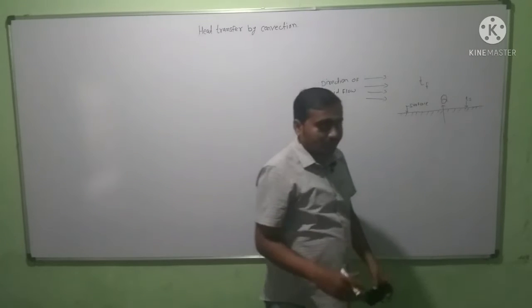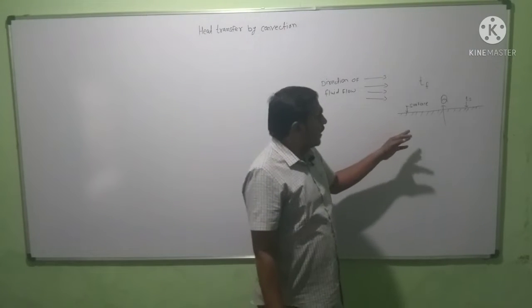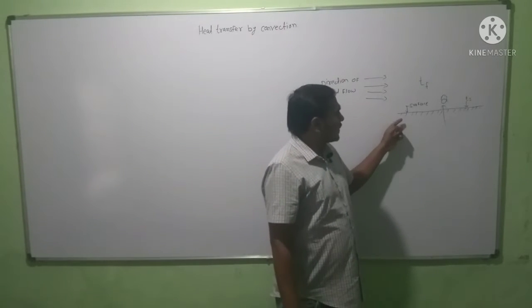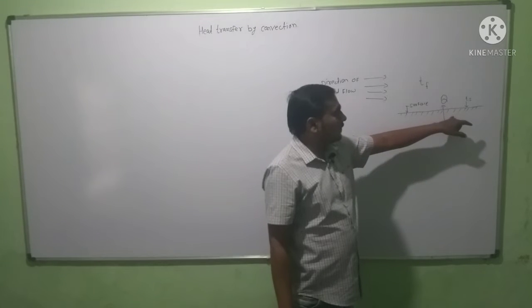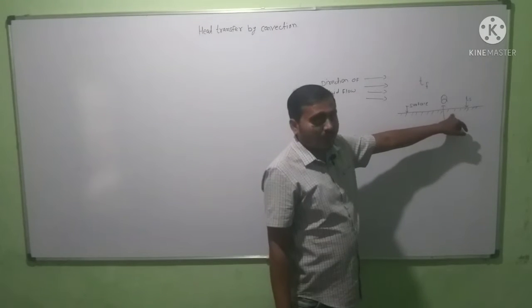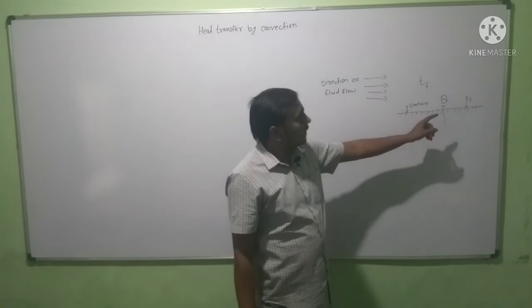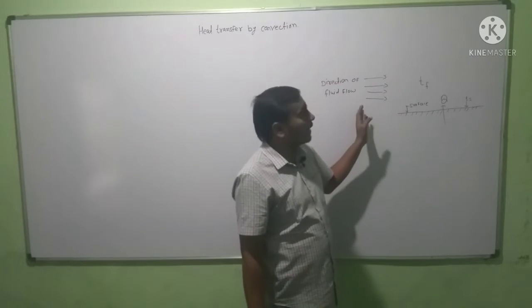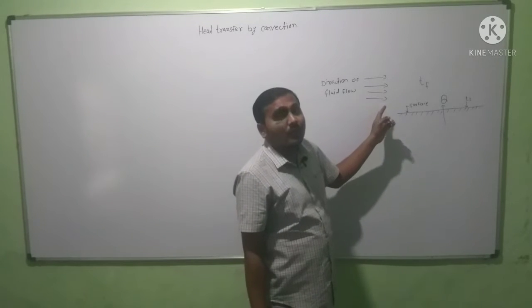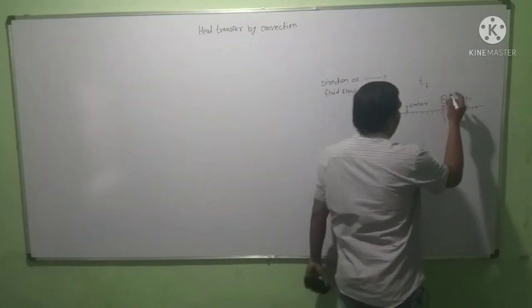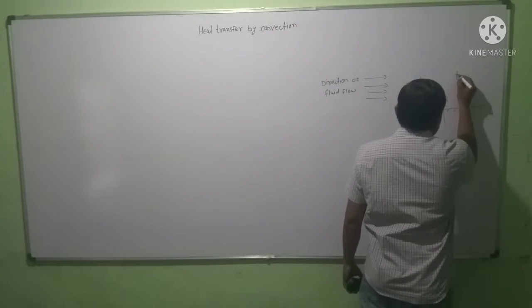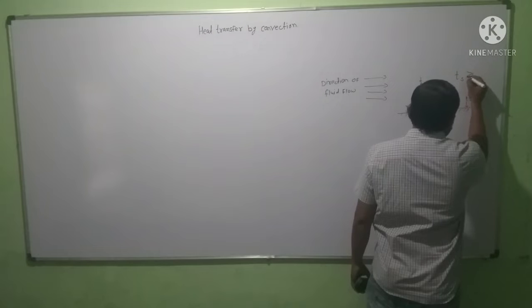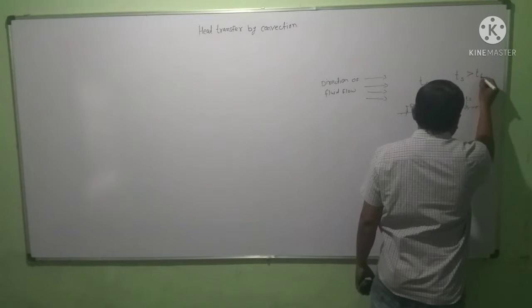We should know when heat is flowing on this surface of this material or object, obviously the temperature of this surface is greater than the temperature of the fluid. That's why we will write here the temperature of surface is always greater than the temperature of fluid.